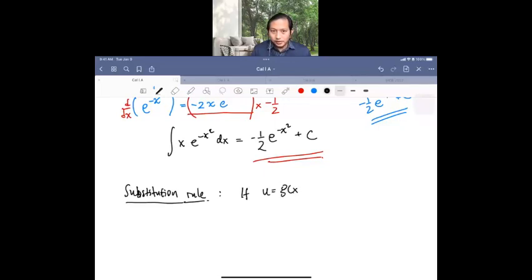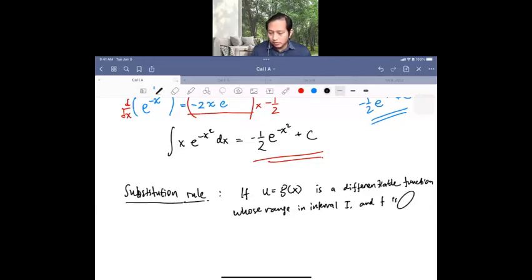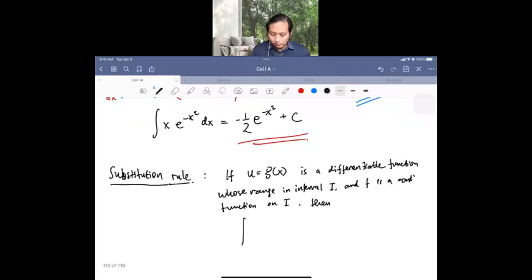So, substitution: if u is g of x, a differentiable function whose range is an interval I, and f is a continuous function on interval I, then the integral of f of g of x times g prime of x dx is equal to the integral of f of u du.